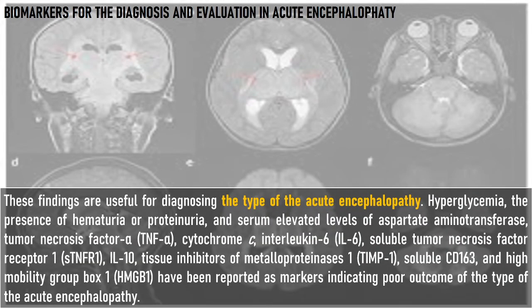These findings are useful for diagnosing the type of the acute encephalopathy: hyperglycemia, the presence of hematuria or proteinuria, and serum elevated levels of aspartate aminotransferase, tumor necrosis factor alpha, TNF alpha, cytochrome C, interleukin 6 or IL-6, soluble tumor necrosis factor receptor 1, sTNFR1, IL-10, tissue inhibitors of metalloproteinase 1, TIMP1, soluble CD163, and high mobility group box 1, HMGB1, have been reported as markers indicating poor outcome of the type of the acute encephalopathy.